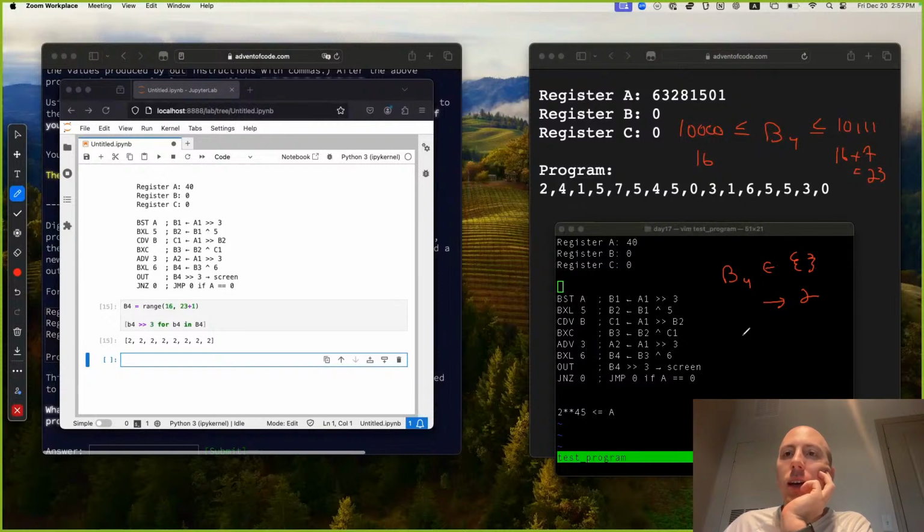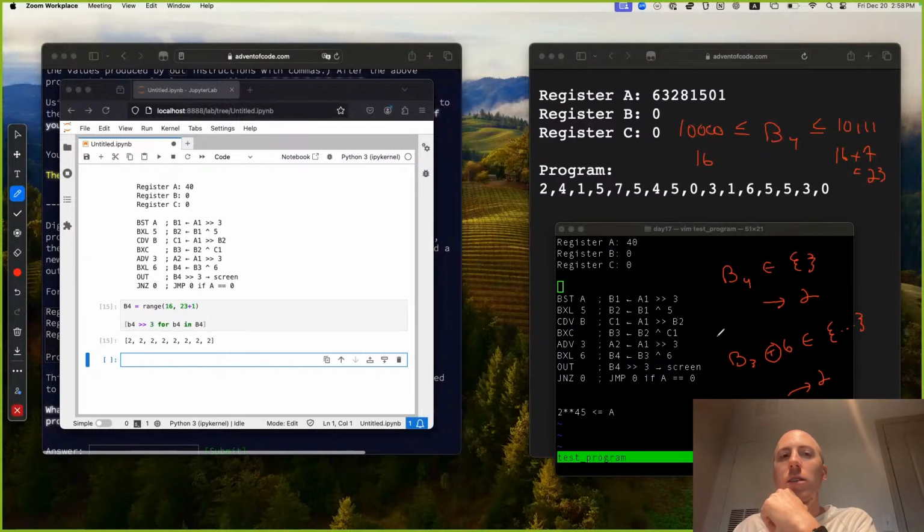And we know that B4 is equal to B3 XORed with 6. So if B3 XORed with 6 is in this set, then we're going to get a 2. We want all the numbers B3 such that when you XOR them with 6, you get a number in this set.